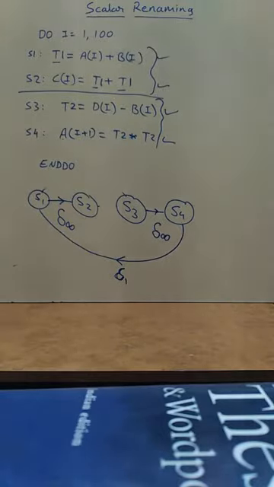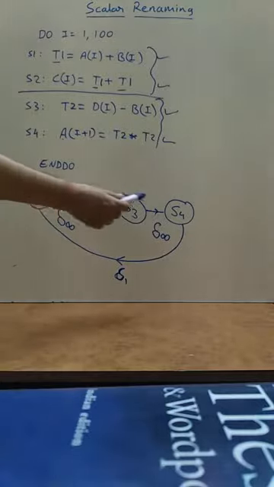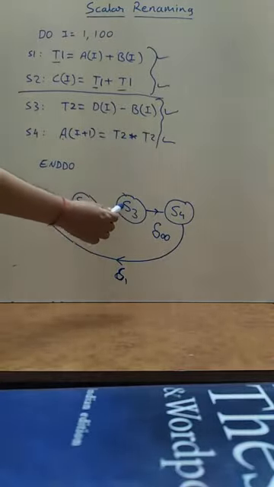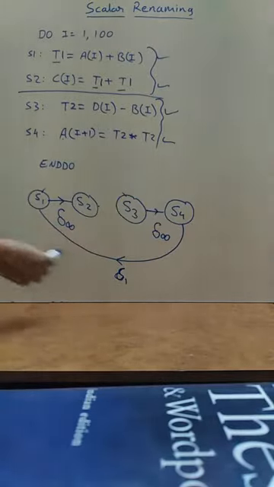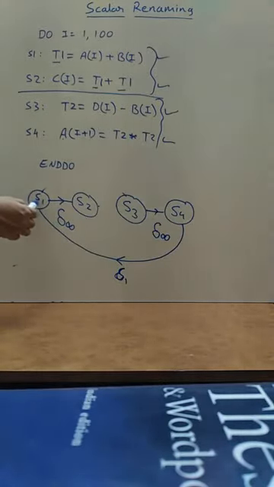So after vectorization, you need to reorder the program, okay, because S4 depends on S3, so first you have to execute S3, then S4, then on S4, S1 is dependent, so after S4, S1 should execute, then after S1, S2 will be executed.